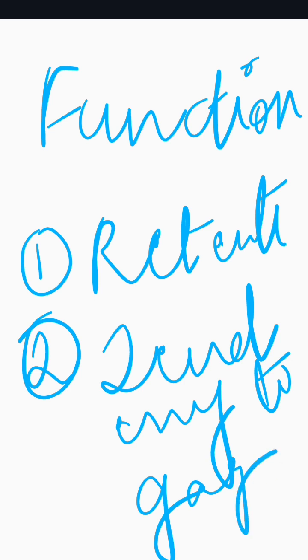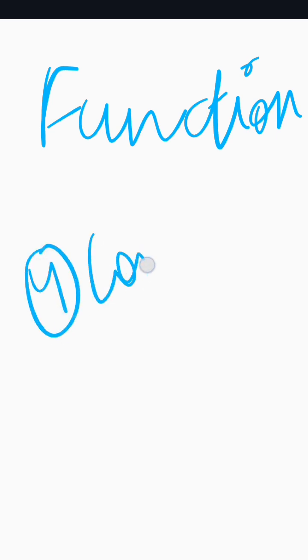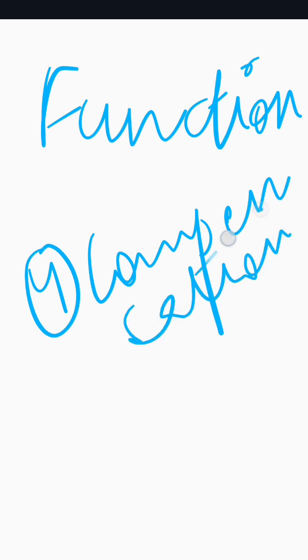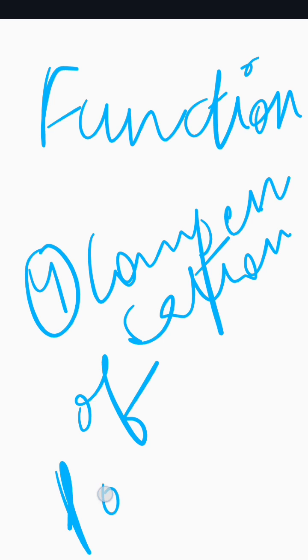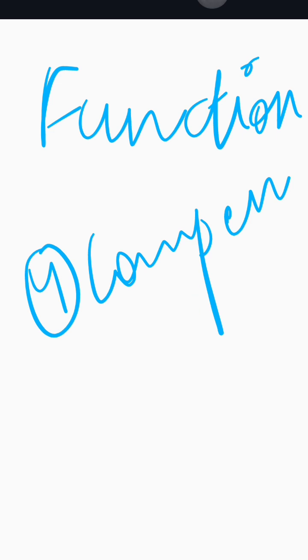Why? Because it will maintain constant contact, so it will prevent the entry of air also. Based on this, you can also tell about the third function: it will prevent the accumulation of food. And the last thing is compensation of polymerization shrinkage, right?